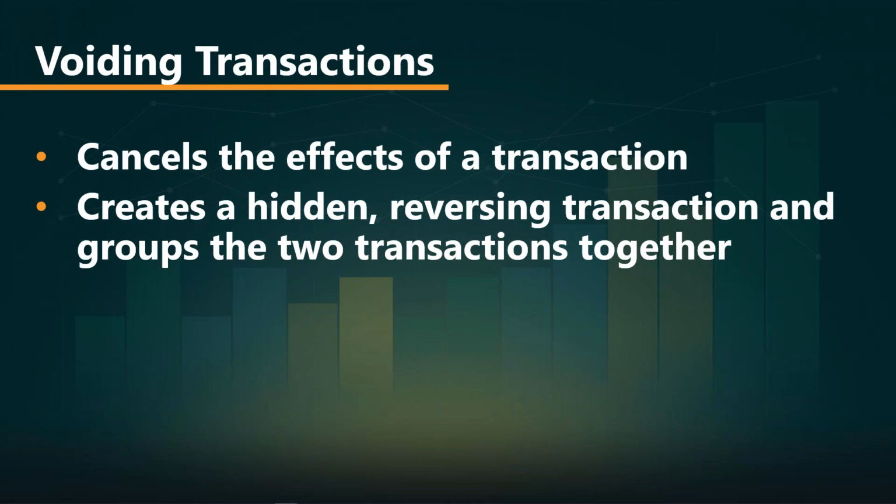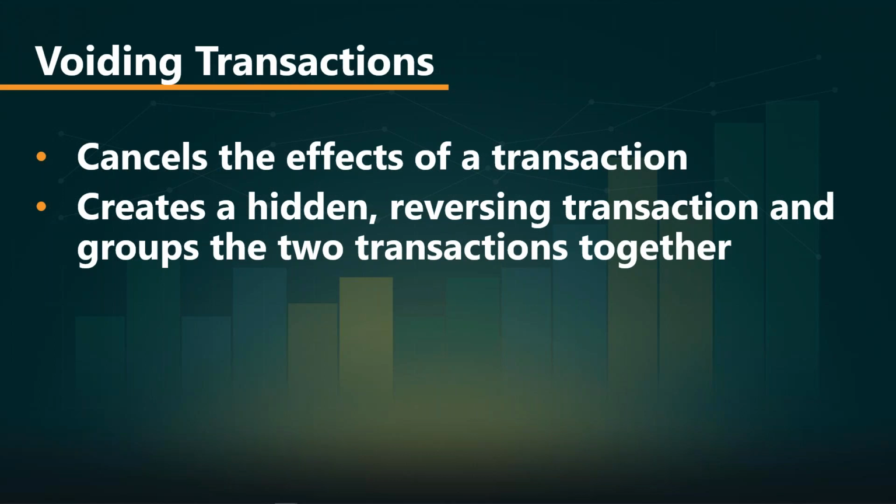So, if you made a payment in error, then you could always void that transaction. And so underneath the hood, there's going to be a reverse transaction that adds those funds back in, but all you're going to see is that the transaction has been voided.